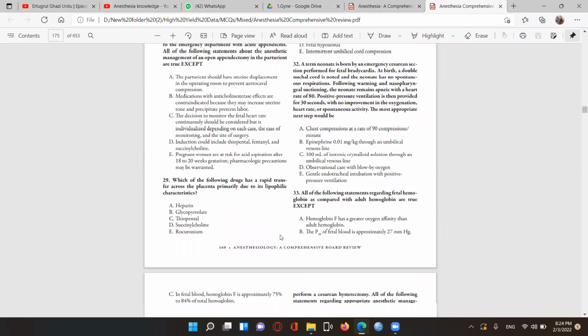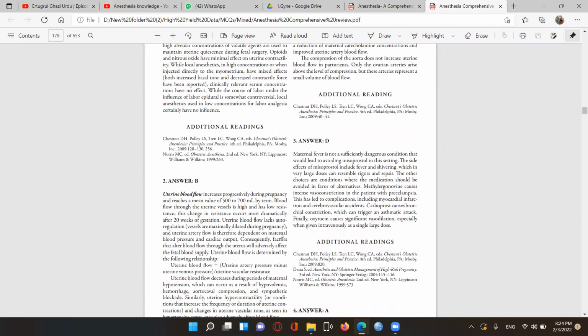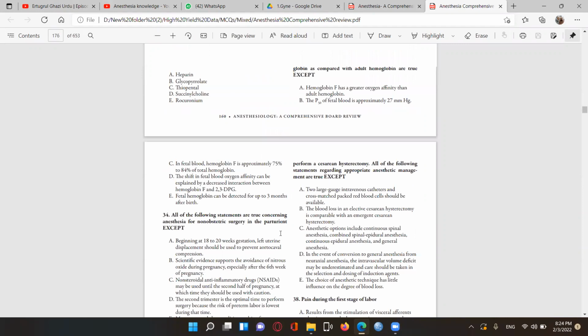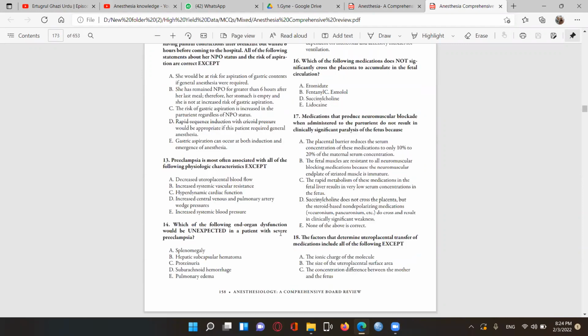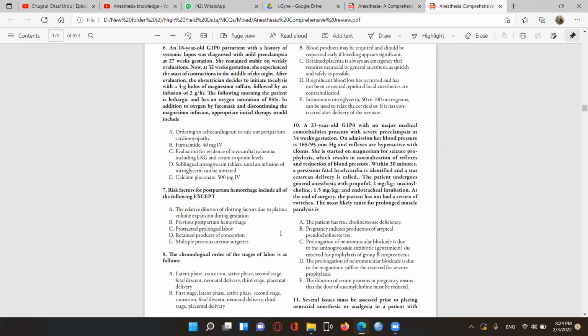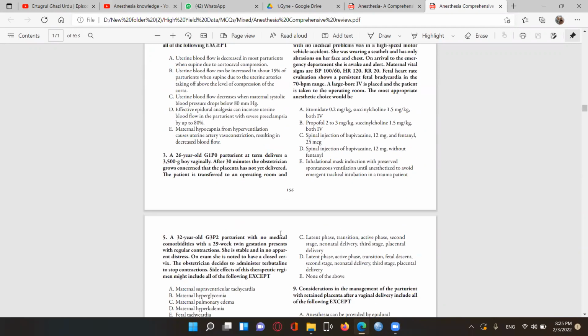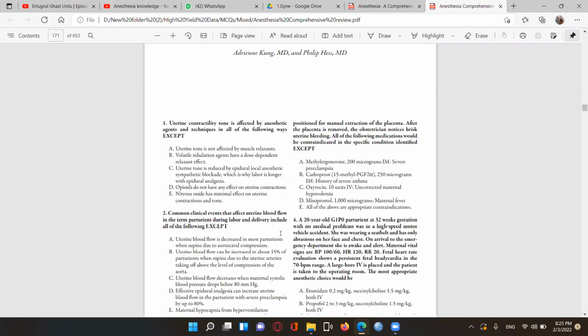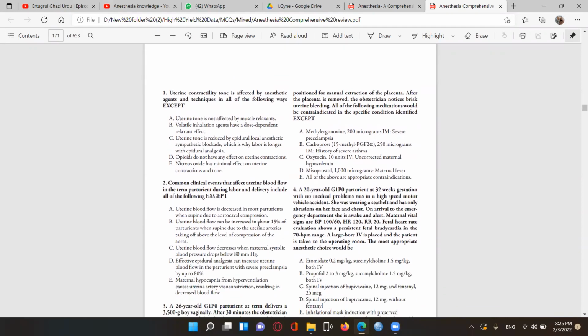Today I had to wrap up a few things. The residents who have been preparing, have you seen this MCQ book? For example: uterine contractility tone is affected by anesthetic agents and techniques in all of the following ways except.